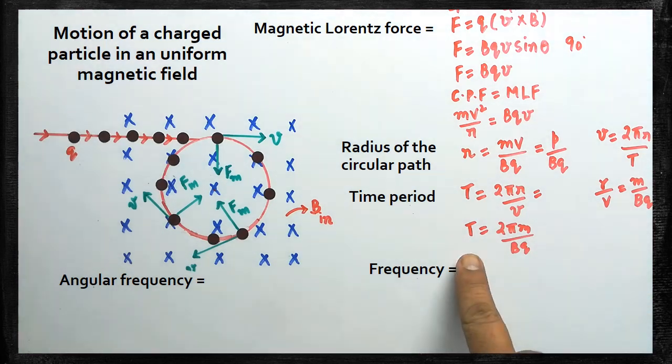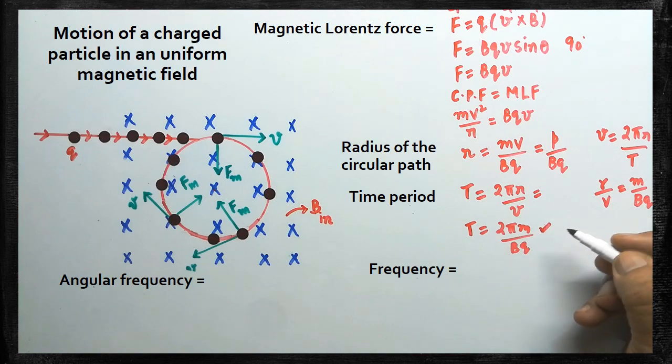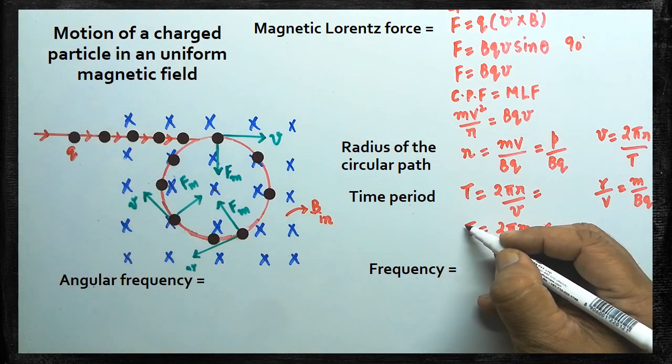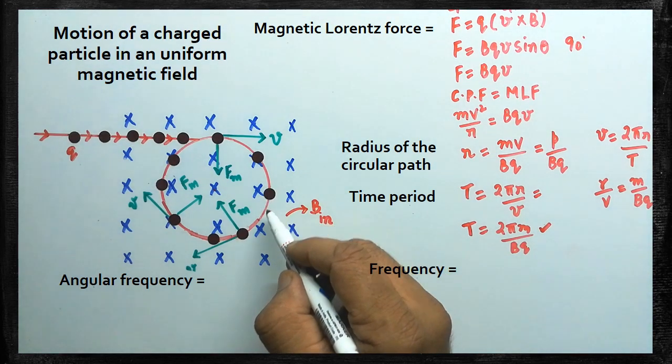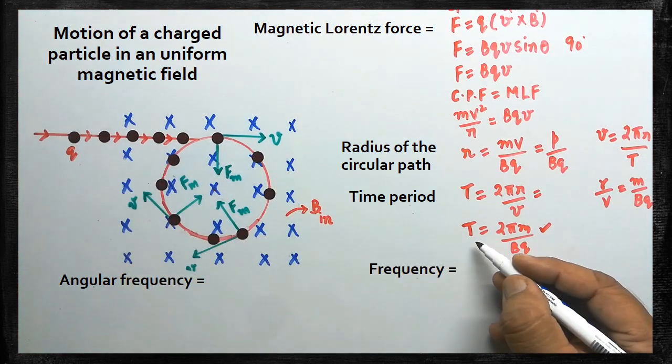So this T is called cyclotron period. In the future you will be learning about cyclotron. There you will be learning about cyclotron period. That's why now itself the cyclotron period term is introduced here. This is the most important formula to do certain problems. Are you clear? So what is T? While traveling in the circular path, it will take some time to complete one revolution. That is called cyclotron period.